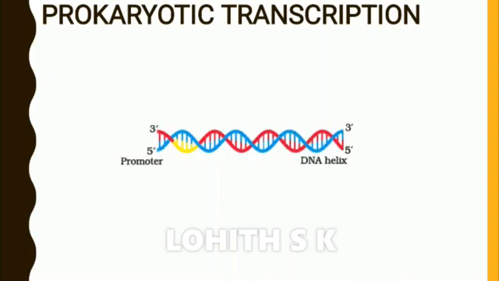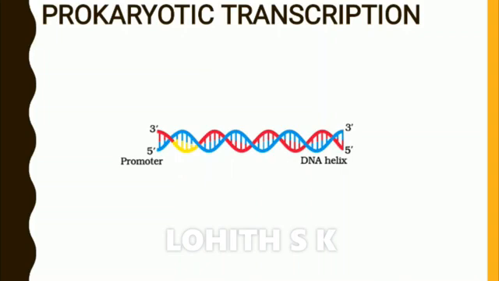Now, the transcriptional unit has three important structural components. First is a promoter, at the end there is a terminator, and in between, the structural gene. Here you can see the promoter labeled on the double helix; at the beginning, towards the upstream end, there is a promoter.